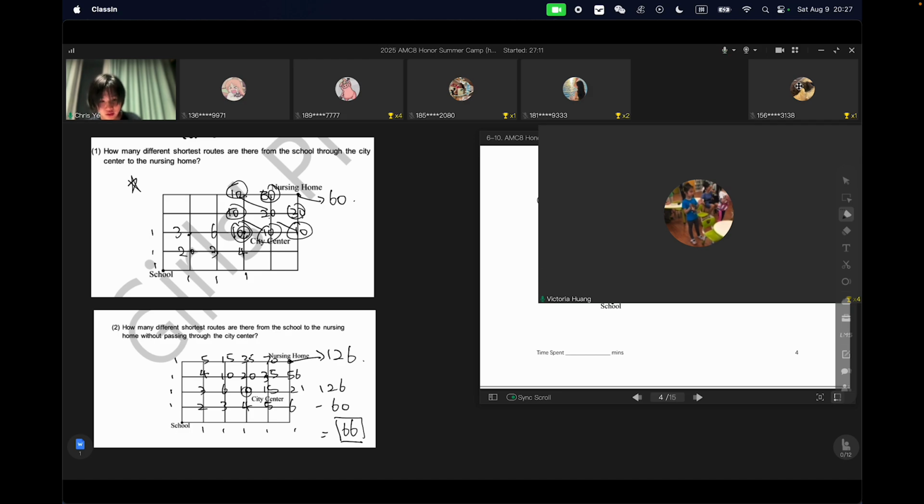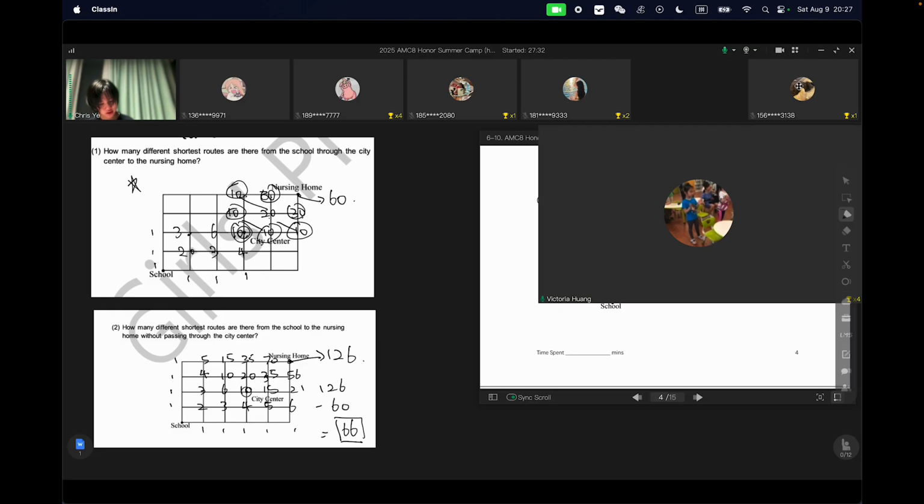So if the question only gives us the second small question, then we need to draw 2 graphs in total. Is that right? Yeah, I feel like that will be an easier way, because if you try to avoid the study center completely, then it will be a little more complicated.